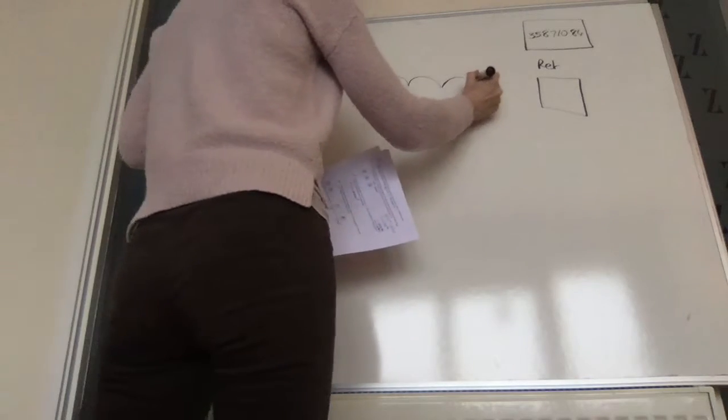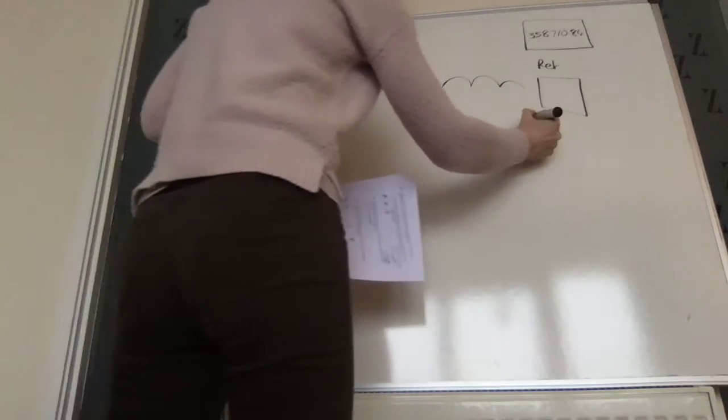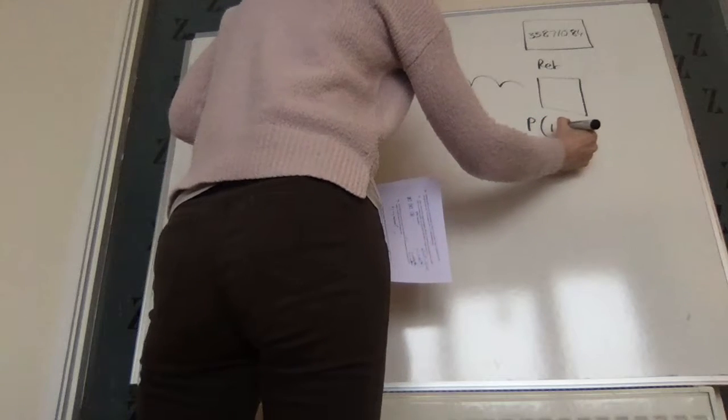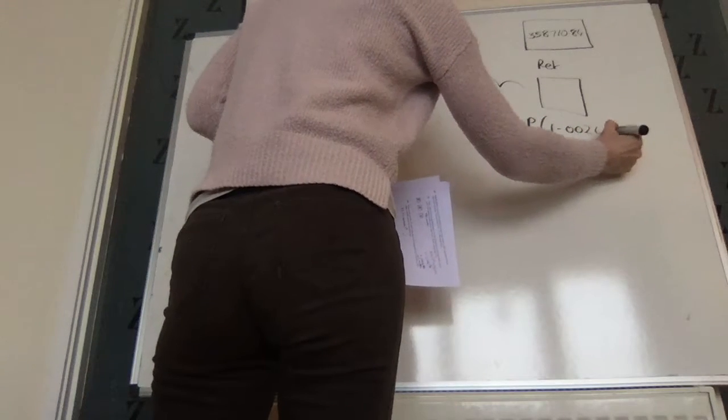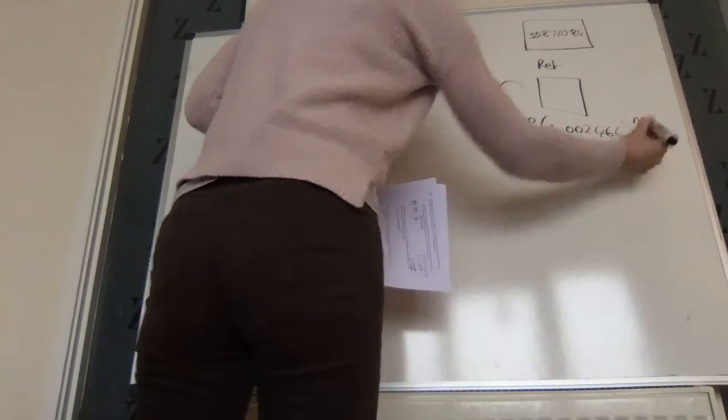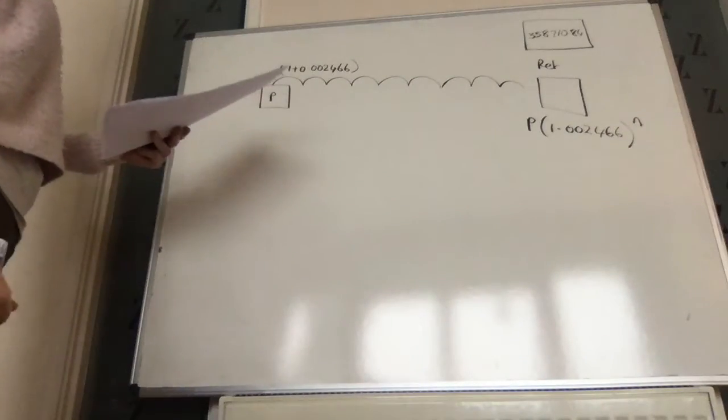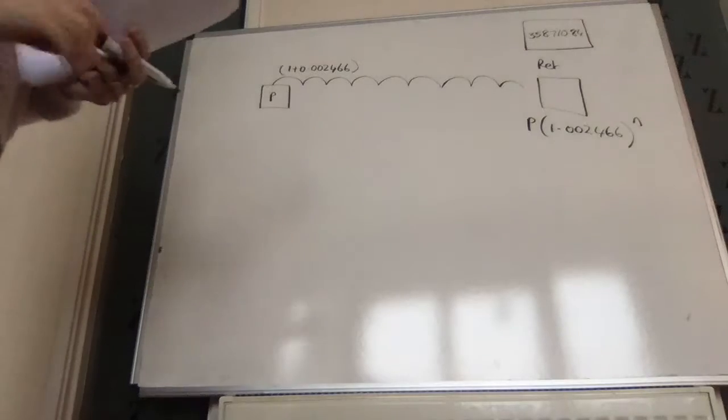So at the end of n months, you're going to have P times 1.002466 to the power of n. Hopefully you'll see that. So that's that piece.